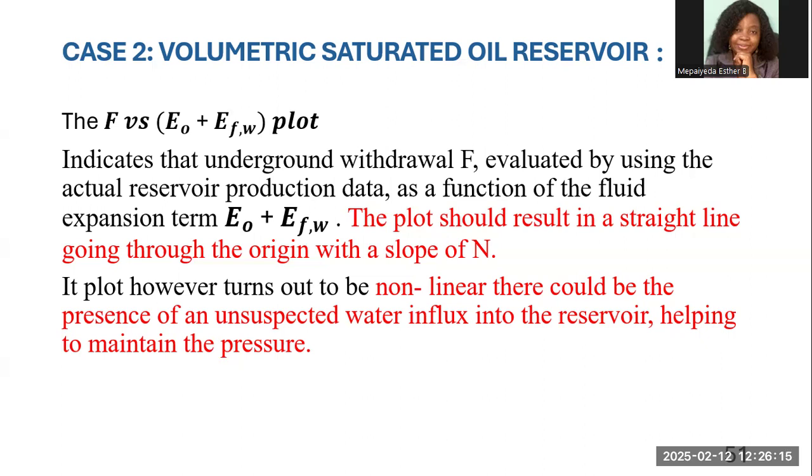And then if your plot happens to be non-linear, then you should be able to indicate that there is water influx into that reservoir, which is assisting in maintaining the pressure of that reservoir, meaning that that reservoir is not fully volumetric. There is a water body adjoined to it.